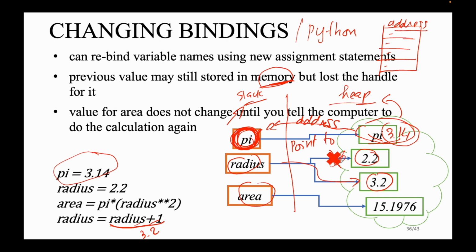So radius will immediately forget the old location and only remember this one. You can think of it this way: the new location replaces the old value inside the radius variable.